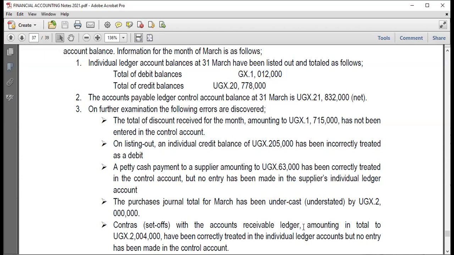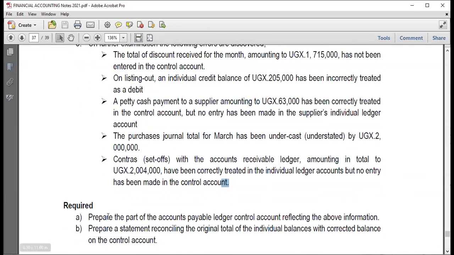So with that in mind, they're also telling us that contras with the accounts receivable ledger amounting in total to 2 deals had been correctly treated in the individual ledger accounts, but no entry had been made in the control account, okay?